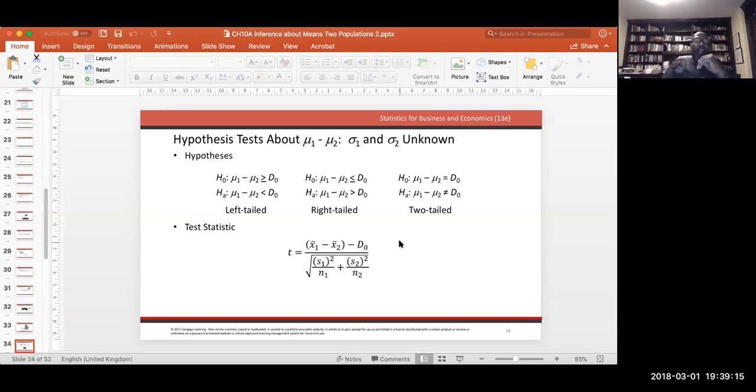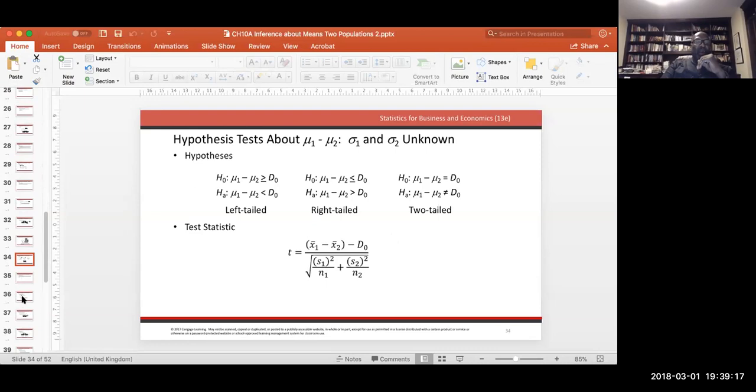That's why we refer to it as matched pairs. What we would do in that case is ask an employee, let's call that person employee 1, to try the old method and see what they produce. Then we'll tell them to try the new method and see what they produce. And now, because you are using the same person, they're the same individuals in both situations.